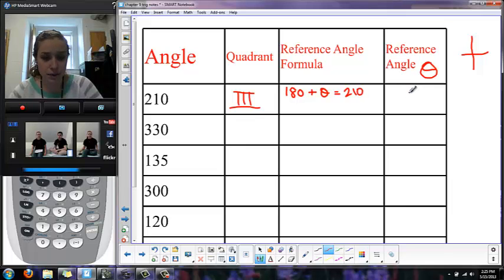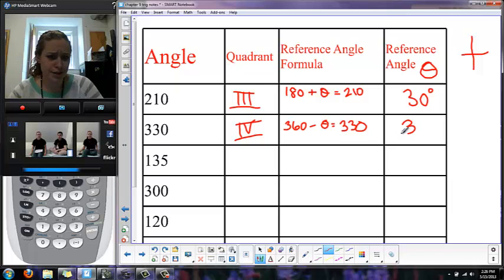So what would theta be? Theta in this case is 30 degrees. Let's try another one. 330, that's in the fourth quadrant. That formula is 360 minus theta gave me 330. So what is theta? Theta is 30 degrees again. Interesting.